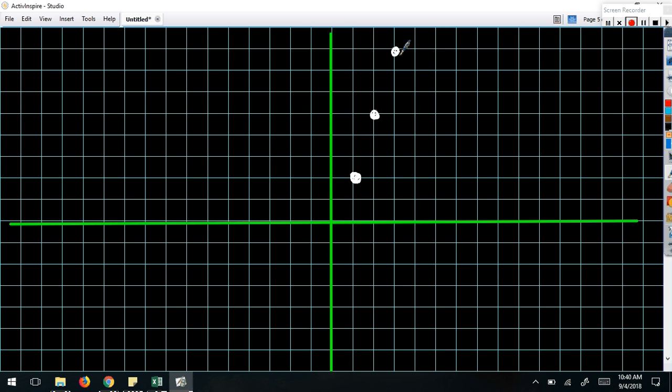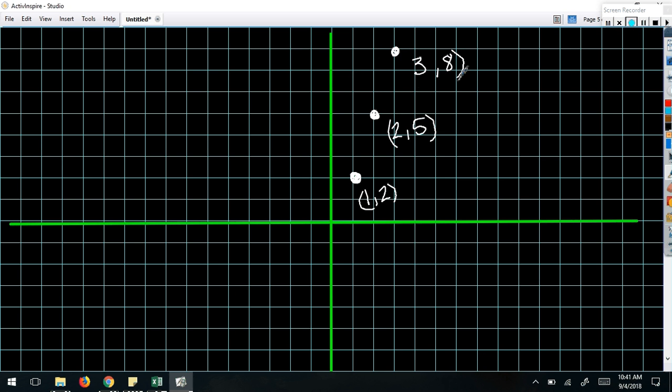Let me write it down. 2, 5. I heard 1, 2; 2, 5. They can go all the way up to that.